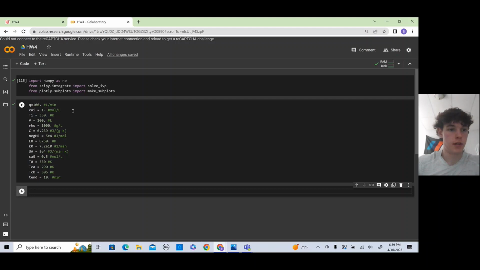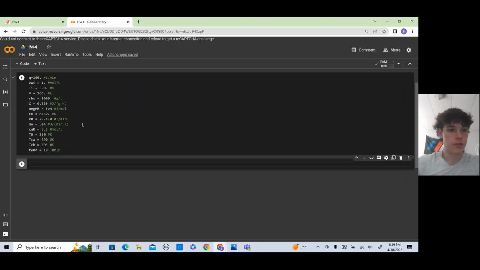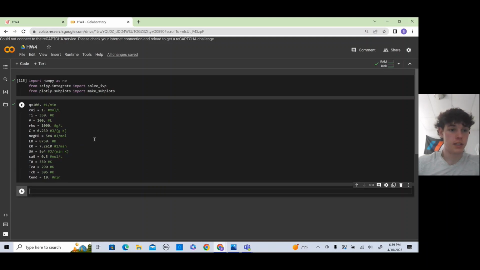So our initial flow rate, our initial concentration coming in, our initial temperature, the volume of our continuously stirred tank reactor, our rho, the density, our C, the negative HR, or heat of reaction, and it's negative to make it fit in a little bit easier with our equation to make it simpler.